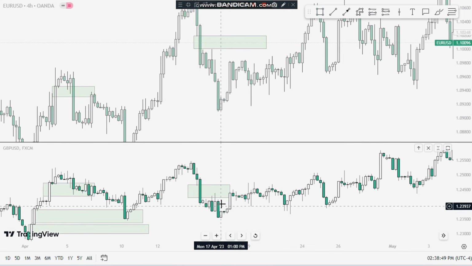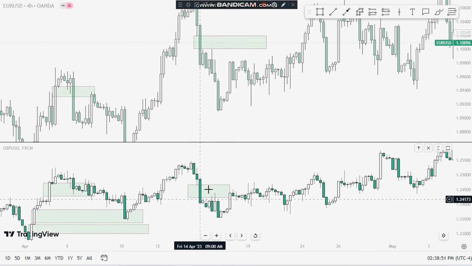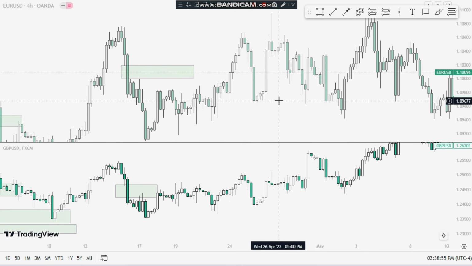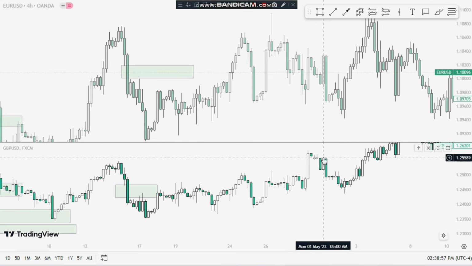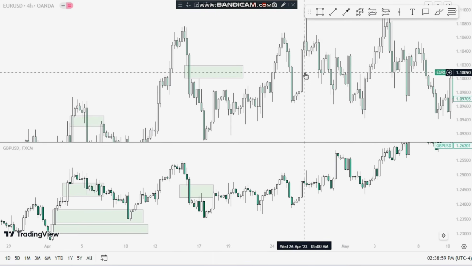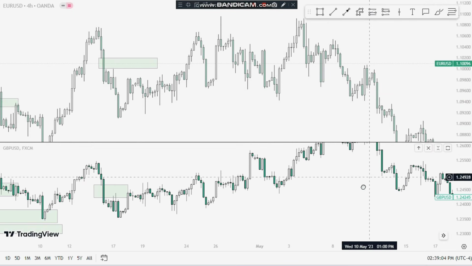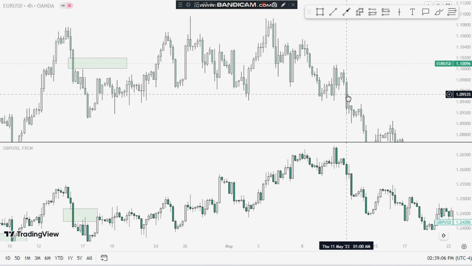So this way you can trade the fair value gaps to perfection. Okay, like only those fair value gaps will be valid, okay, which are filled in one pair and not in the other, both in a bullish case and in the bearish case. Okay, so you don't have to stress yourself.